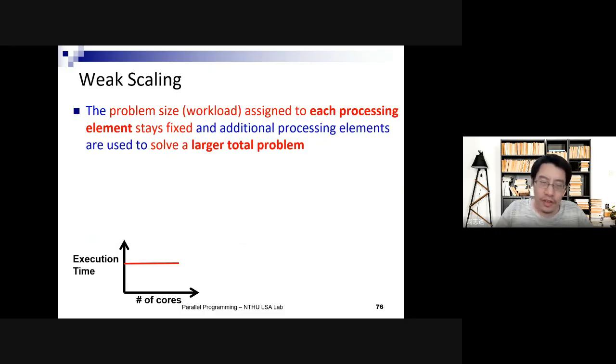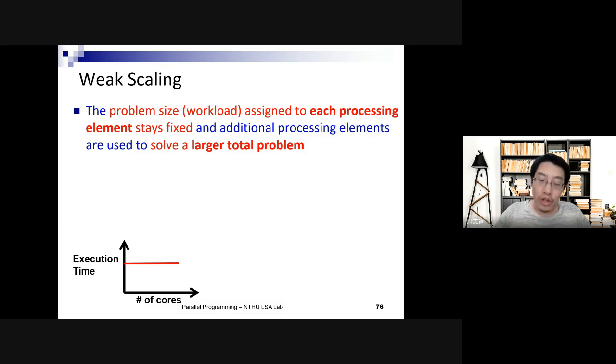All right. So what's weak scaling? As we just mentioned, it's different from strong scaling. If you're doing weak scaling experiments, then what you should do is, as you increase the number of processors or computing resources, you should increase the problem size proportionally.